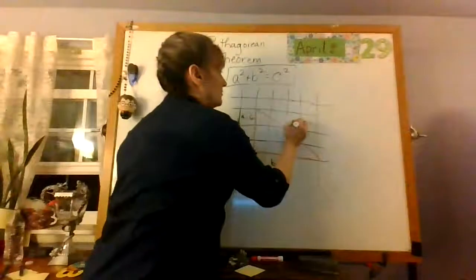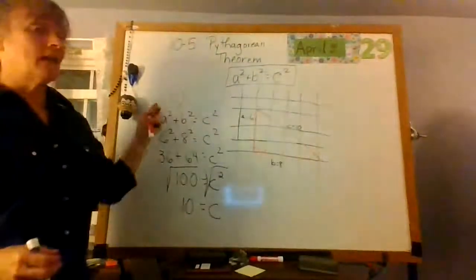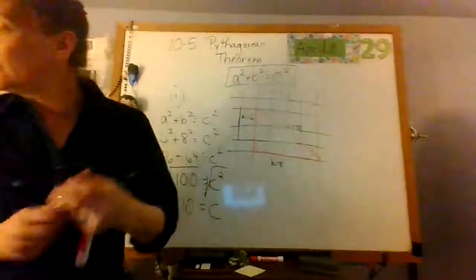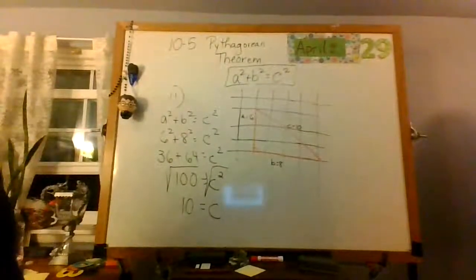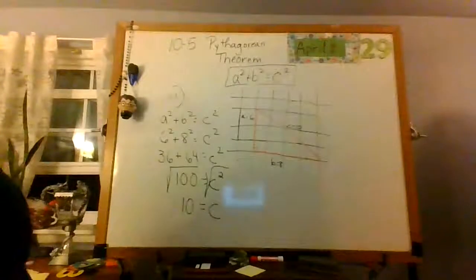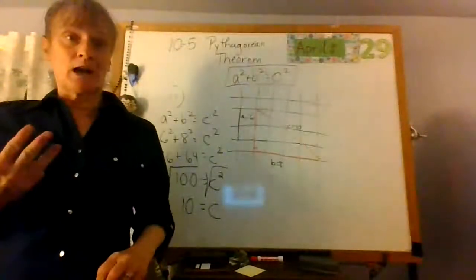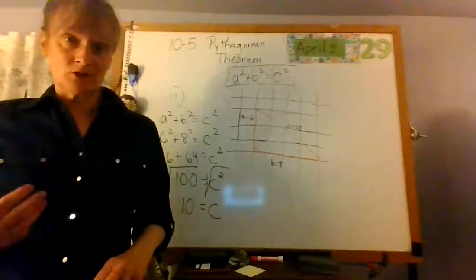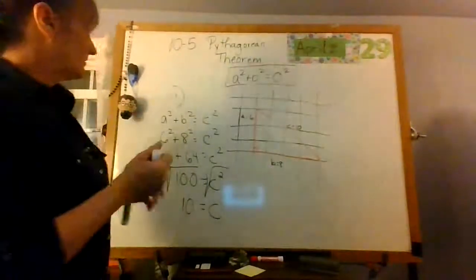So for my first one on that page, number 11, I get c equals 10, right? There are 3 of these that work out perfectly. There are 3 that are not perfect squares. So you are going to give an approximate answer.